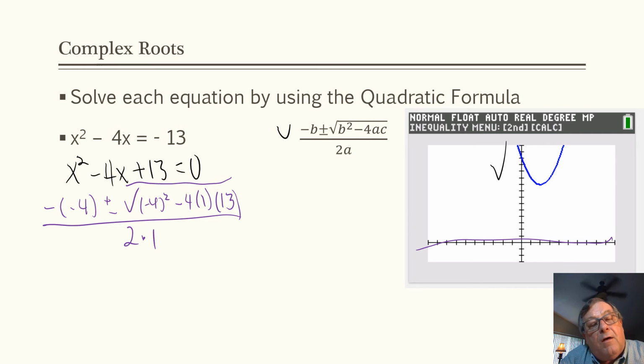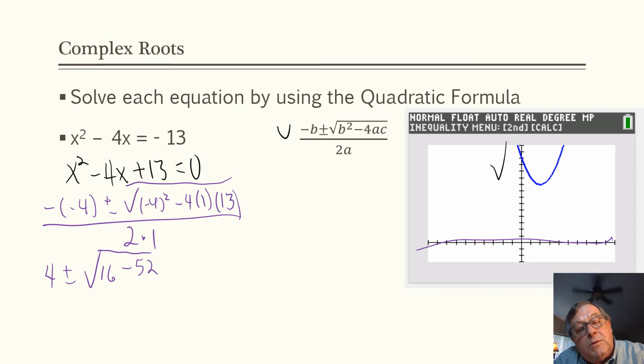All right, let's start solving this. Negative, negative 4, then there's positive 4, plus or minus square root of negative 4 squared is 16. Minus 4 times 1 is negative 4 times negative 13. I believe that's going to be negative 52. Square root of that over 2.